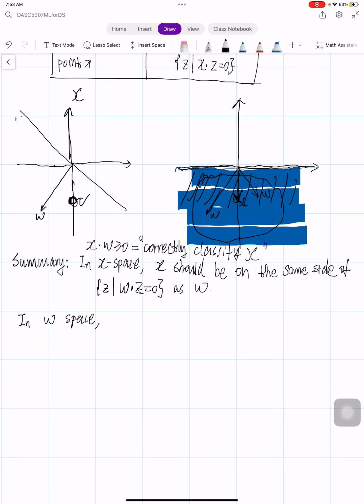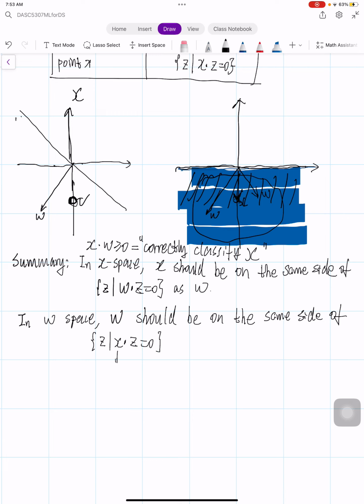In other words, omega should be on the same side of z, given x dot product with z equal to 0.